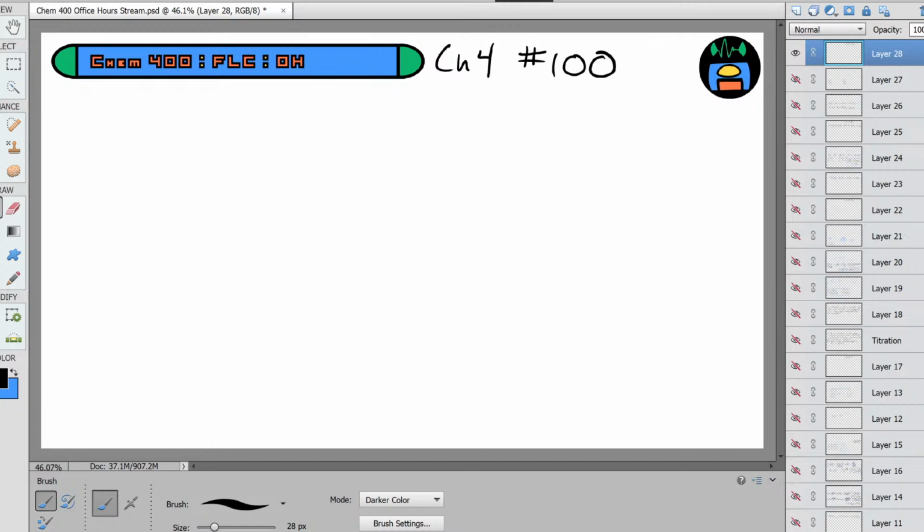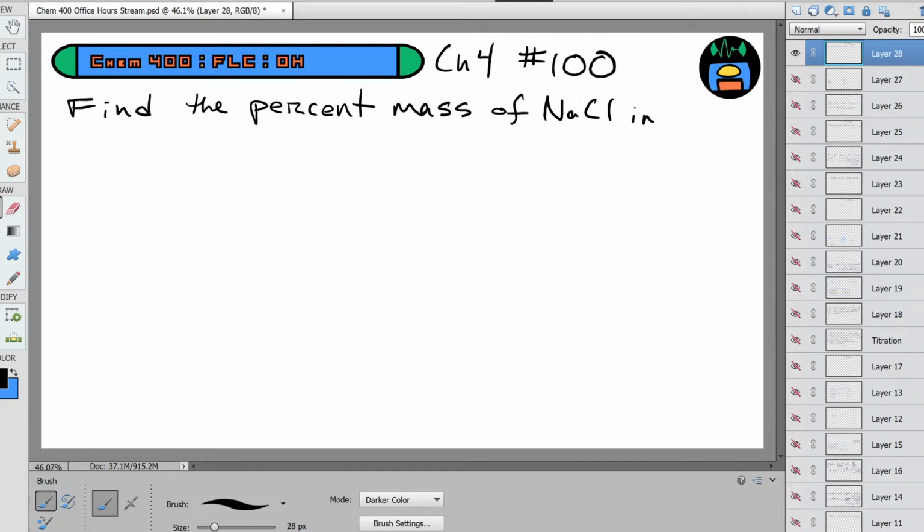And problem 100 in chapter 4 says find the percent mass of sodium chloride in a 1.35 molar solution.